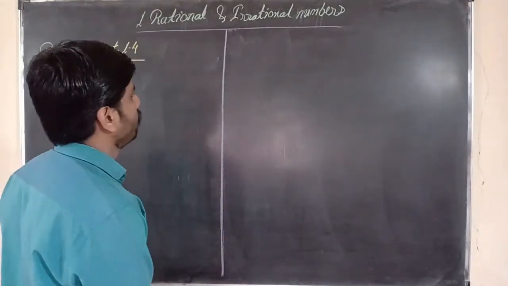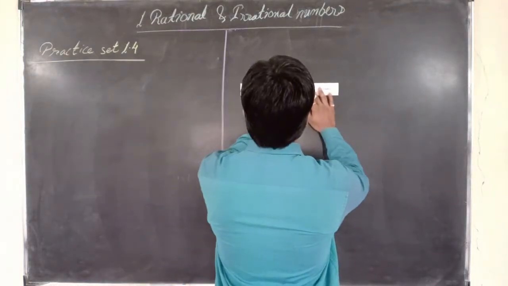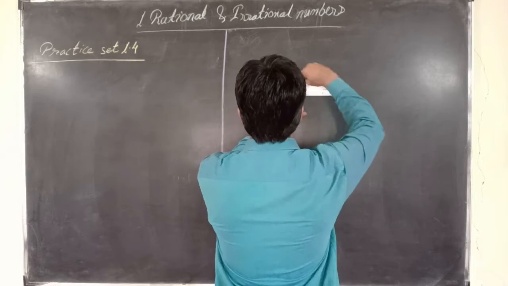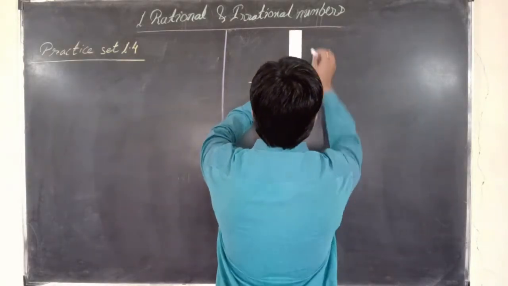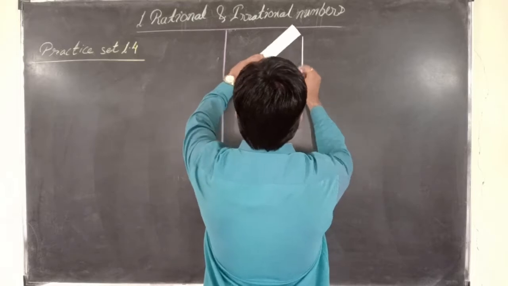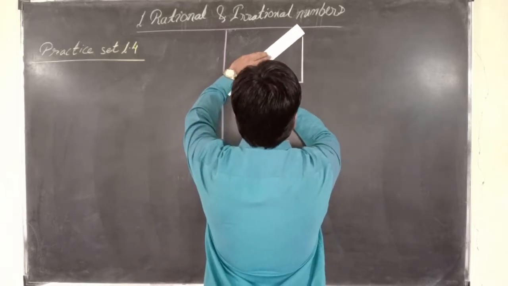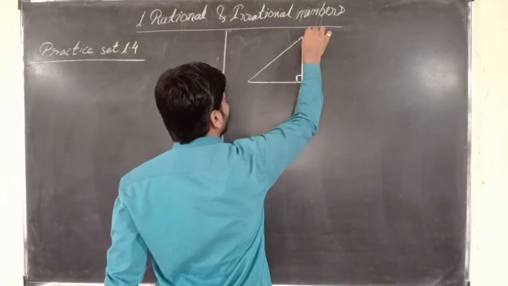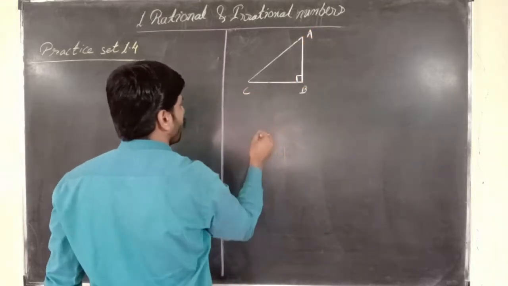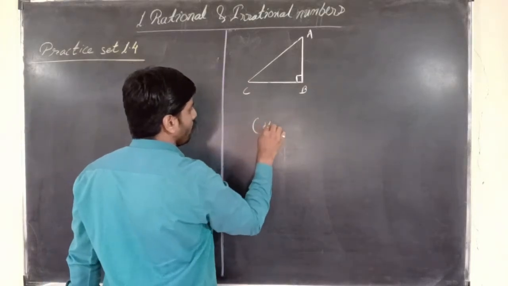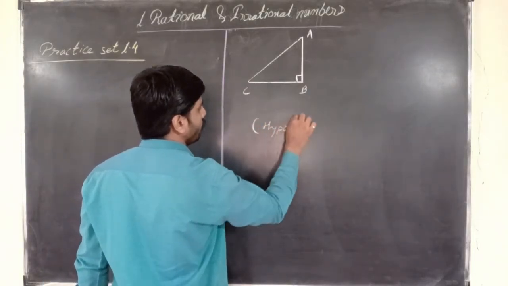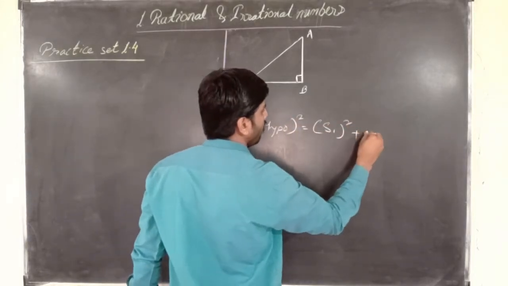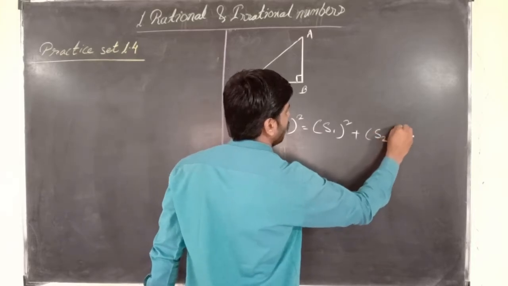Pythagoras theorem is, on any right angle triangle, hypotenuse square is equal to side 1 square plus side 2 square.